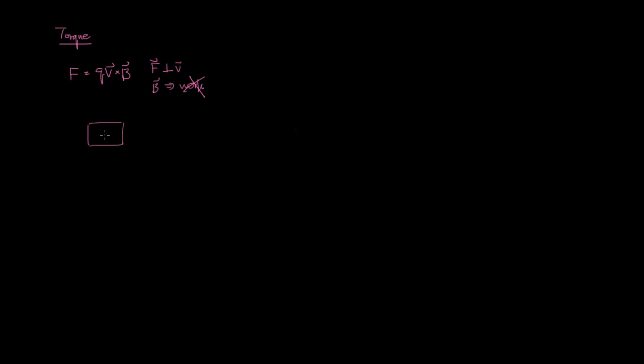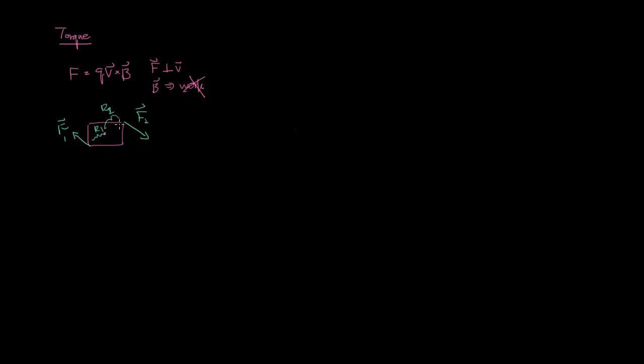an object like this where the center of mass is in the center, right? And in this case, if I ended up having one force pushing this way, and then another force going this way, and let's say this is R1 and this is R2, you'll see that if you're just looking at this as a rigid structure that's pinned down and you're looking at the center of mass, these two forces, if they're equal, they'll cancel out, right?